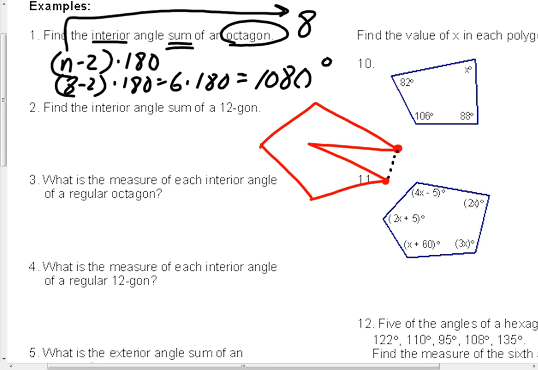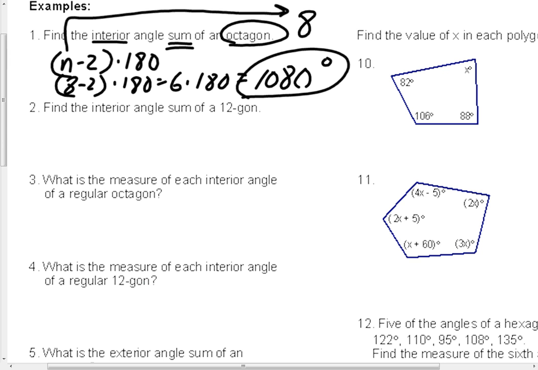It's touching two of the vertices of the figure, but is it inside? The diagonal turns out to be outside. When you have a diagonal that's outside the figure, then you've got yourself a concave figure. You might get into that in a higher level geometry course. This year, everything you assume to be convex. Number 1, are we good on that?